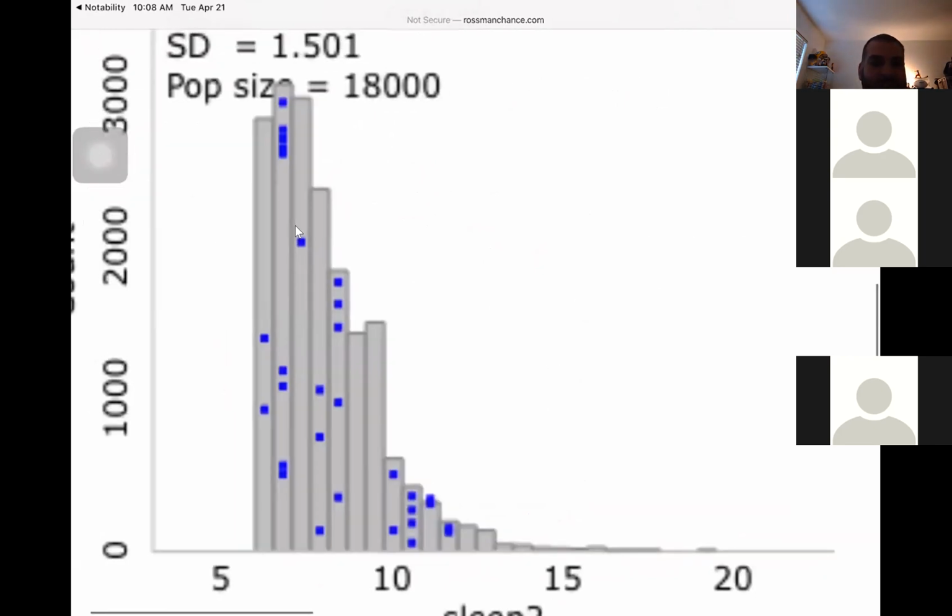What's the lowest number in this histogram? Yeah, the lowest number should be somewhere like 5. What's the highest number that we have? If you look at it, it goes from 5 all the way to 20.